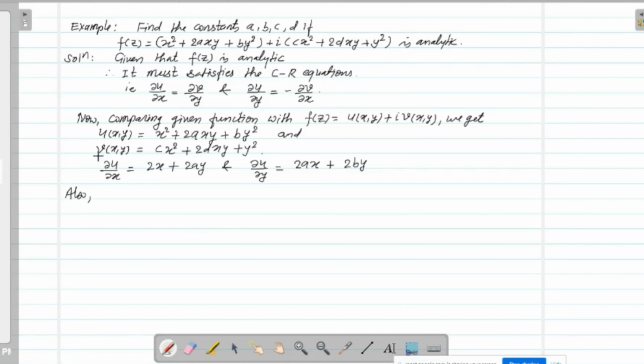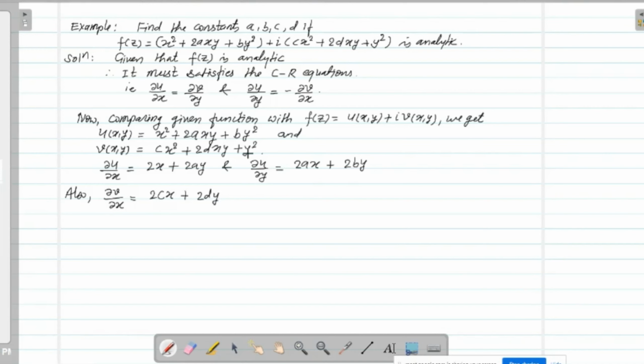Also differentiating v partially with respect to x, dou v by dou x is equal to 2 times cx, plus 2 times, differentiating this term, you'll get 2 times d. Differentiating with respect to x, the derivative of x is 1, so here y.